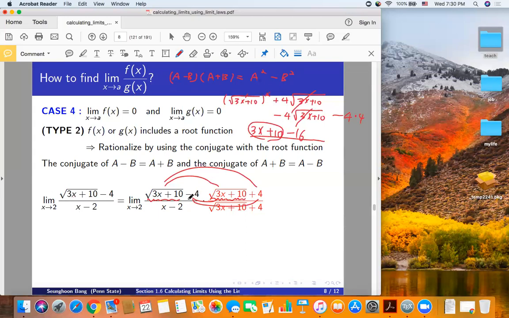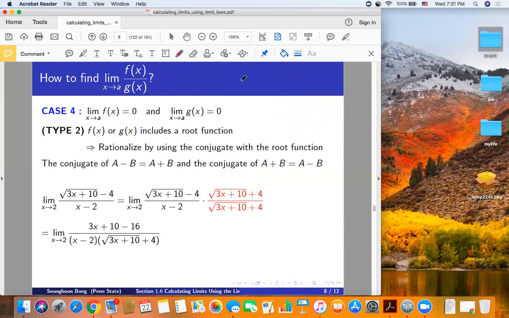The last one is negative 4 times 4, and 4 times 4 is 16. So that's it. Either way is fine. You can use the FOIL rule or the formula. We have the same answer.